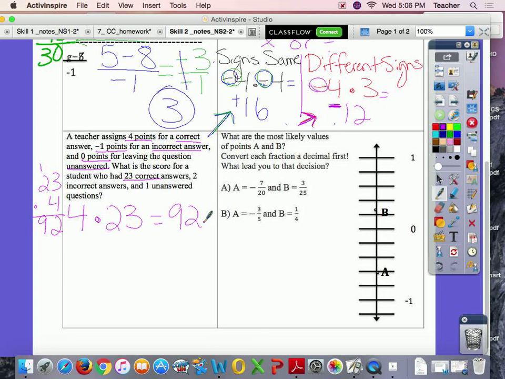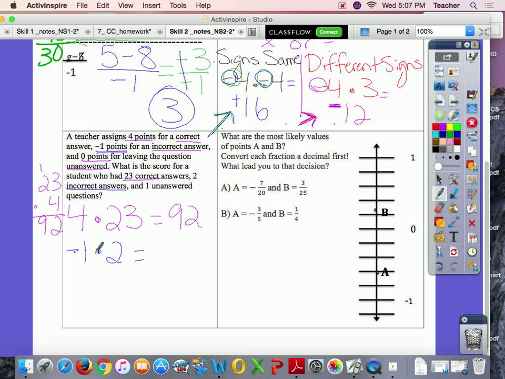But they did have some incorrect answers. So they get -1 point, that's harsh, for getting answers incorrect. But I'd rather you try them. How many did they get incorrect? 2. We're going to multiply again. Now let's remember our multiplication rules.